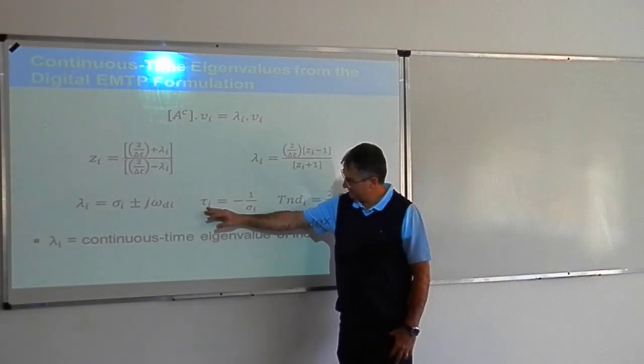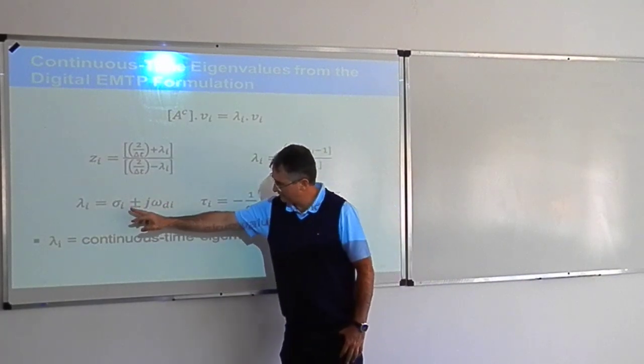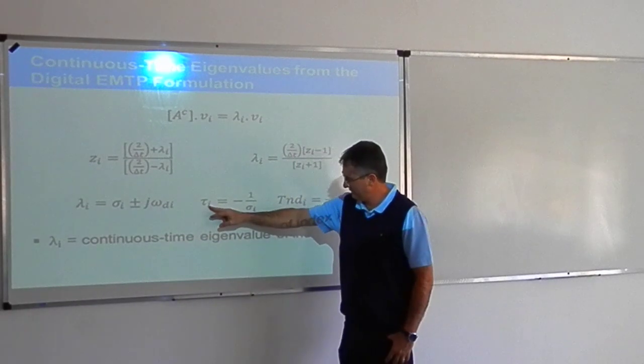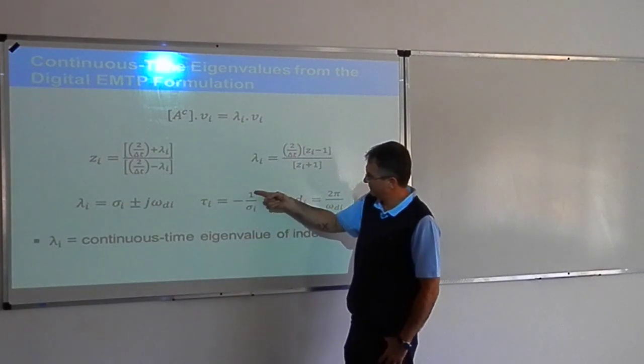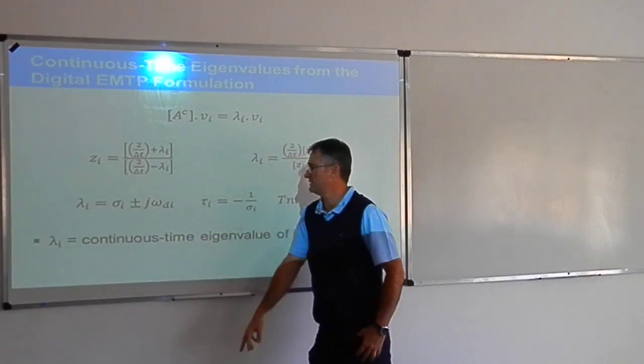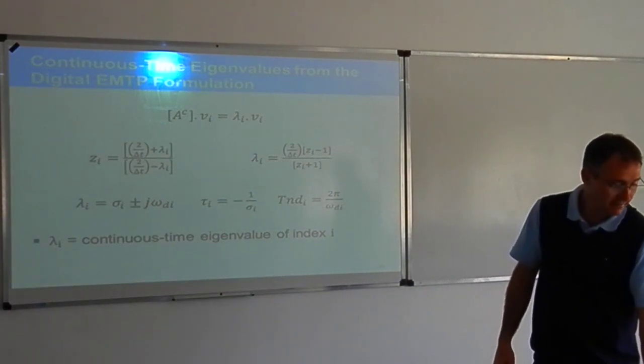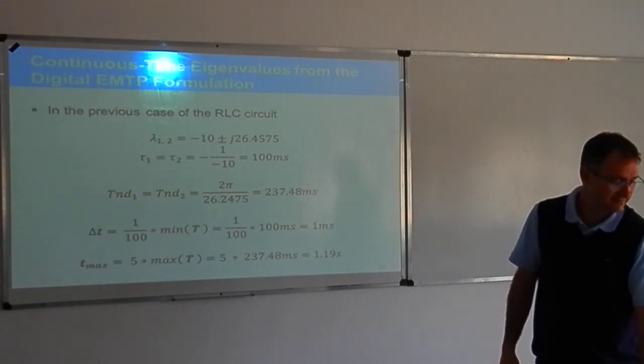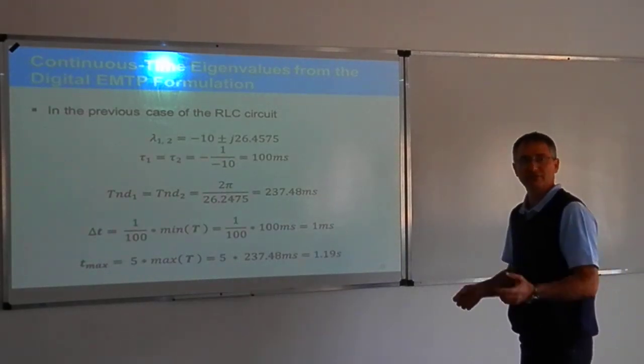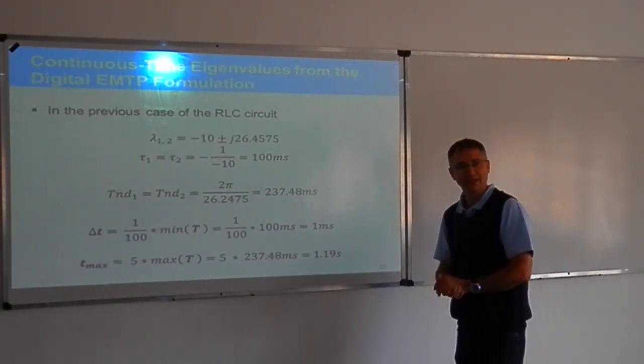Then you evaluate the time constant. The time constant associated with this complex eigenvalue is the negative of the inverse of the real part of the eigenvalue. But if you have a real time constant, then it's straightforward to define the delta t, because that's real.